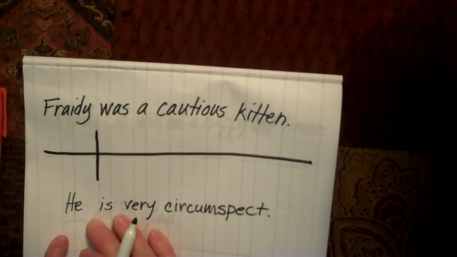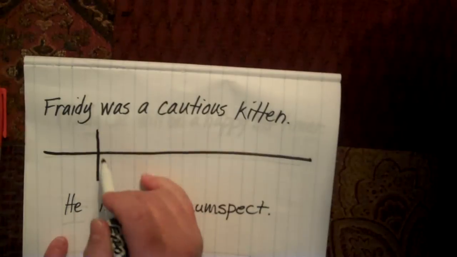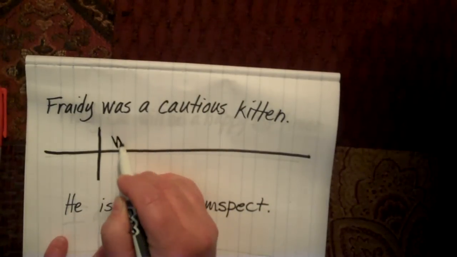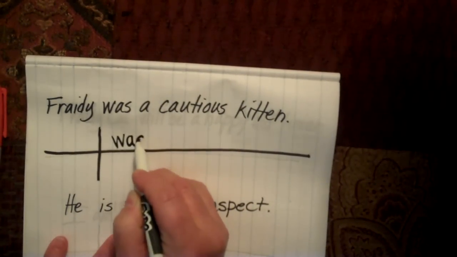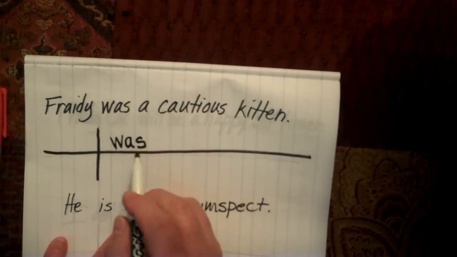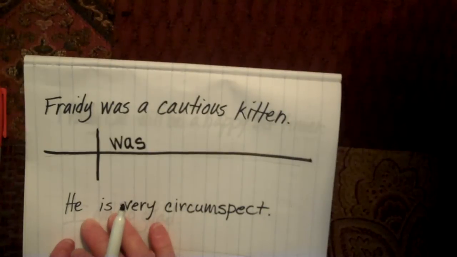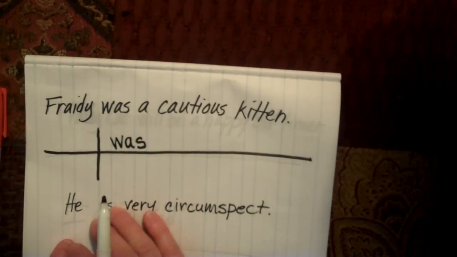And though there's not going to be an action with a linking verb, it will tell you what's happening. The answer is was. Okay? You always put was on this side of the fishing line, and you make sure that it's on top of the water. It's an important part of the sentence. It's the core of the sentence. The subject and the verb are the core of the sentence. So you make sure that they're floating on the water.